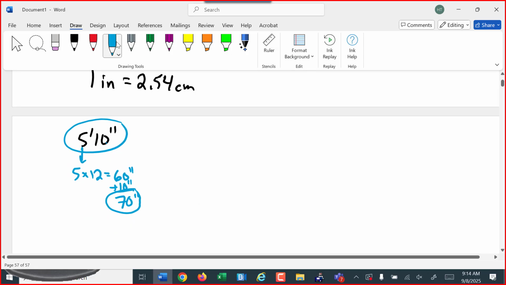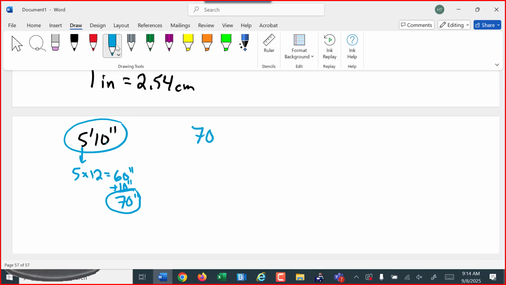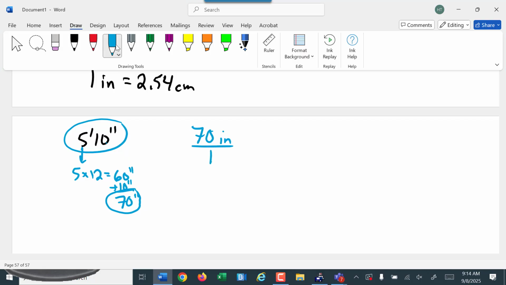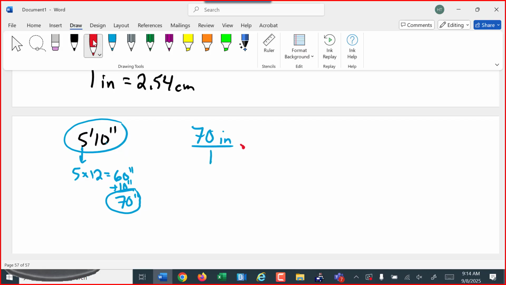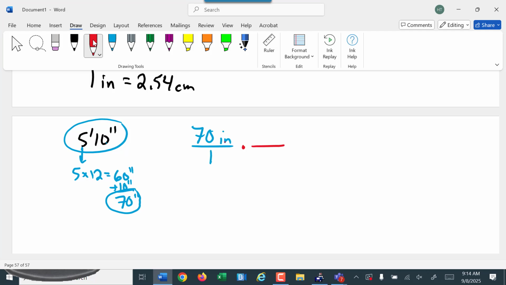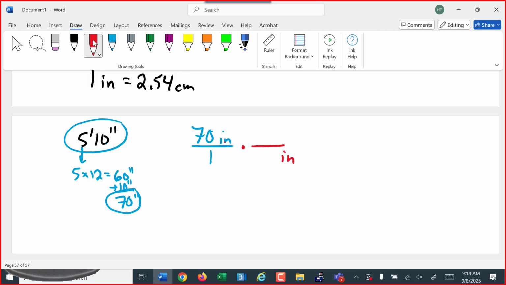If we need to convert that into centimeters, then I'm going to write out the unit inch, put 70 inches over 1. Now again, inches are on top and we're trying to get rid of it, so I'm going to put inches on bottom. And we're converting to centimeters, so put centimeters on top. 1 inch is 2.54 centimeters.